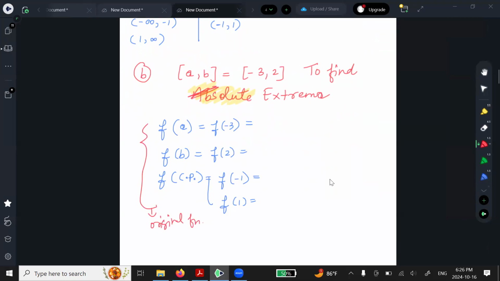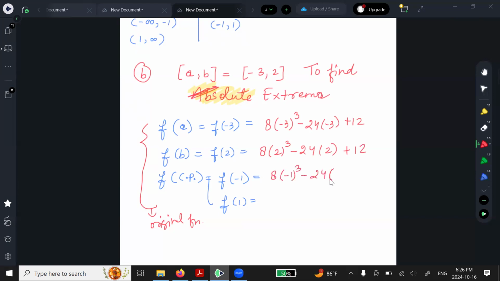Is -3, what does that give me? You have to plug in -3 here. It's 24, -3 plus 12, and then I have 8, 2 cube. So whichever one is max or min, you can go from here, right?